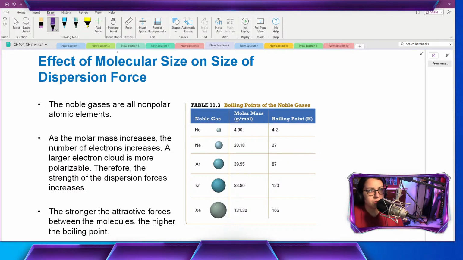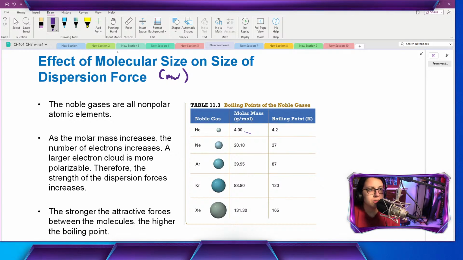So this also goes with molecular weight. So I'm putting molecular weight there. So as we have increasing mass, right, our electron cloud tends to increase. And so that larger cloud is more polarizable. And you also just have more physical surface area to meet and interact.